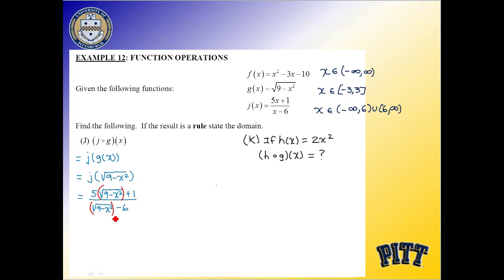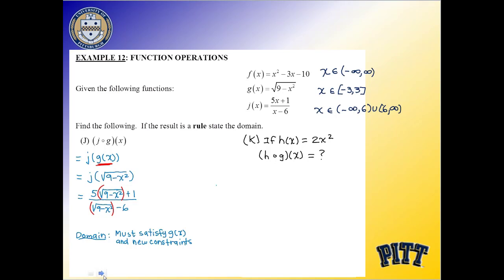What's its domain? Well, first and foremost, I have to make sure it satisfies the domain of g of x, because g of x has to occur and be plugged in for me to have something to plug into j. So the innermost function's domain has to be upheld, and then I just look for any new constraints, because j of x is being altered: I'm no longer using x as my variable.